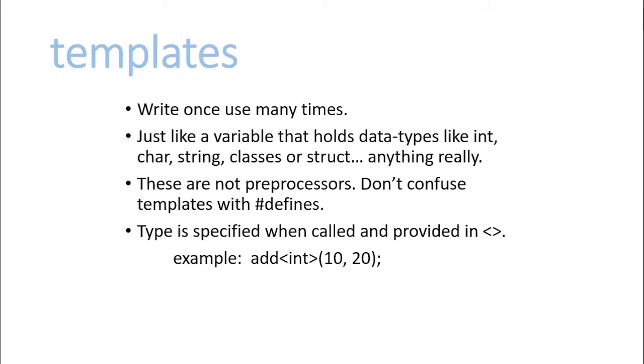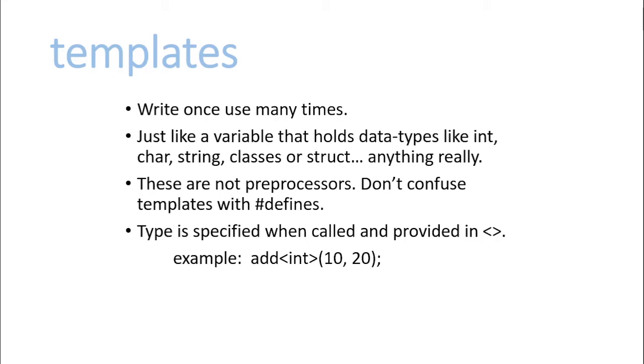Templates are like variables for data types. That means that templates can hold data types like int, character, or any classes like strings, or even the basic structures, whatever you can define as a type, like classes or structs that are derived, or the basic types like int, character, float, double, and a variable that can represent these data types is usually defined by templates.